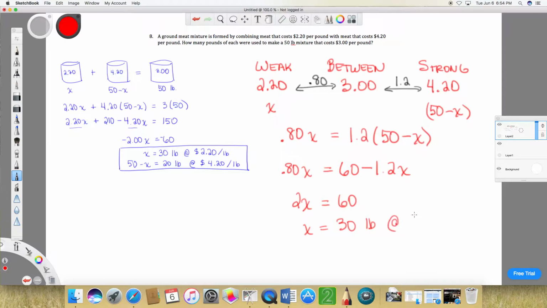That was the cheaper meat. We said it was the weaker, the $2.20 per pound, and the stronger, the 50 minus x, is 20 pounds, and that was at $4.20 per pound. So we get the same answer.